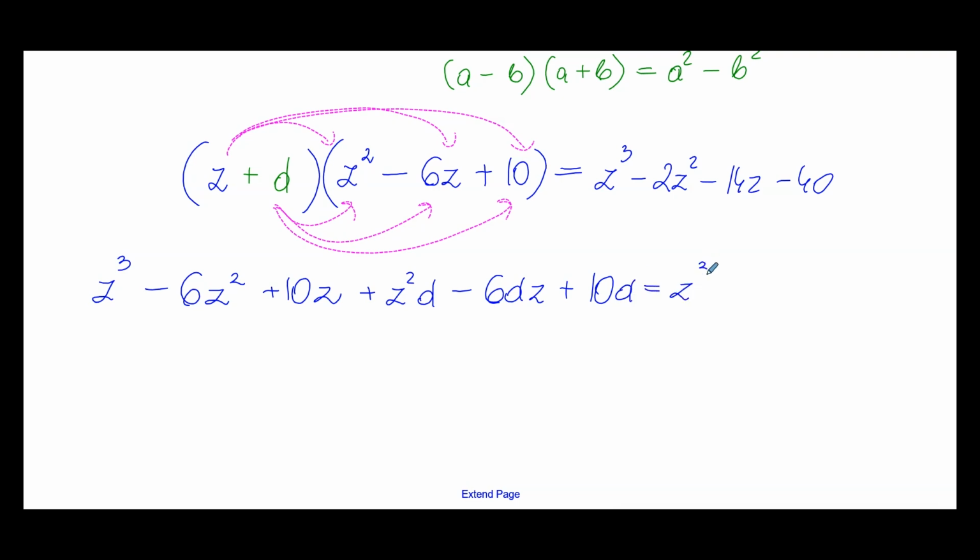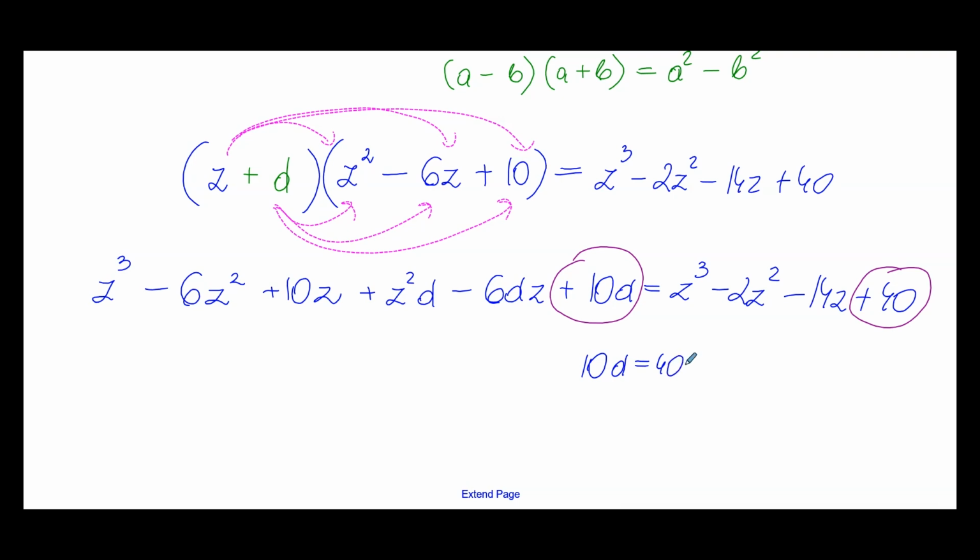And then my cubic equation on the other side. Since all I have to do is find d, all I need to do is take 10d equal to, actually not minus, it's plus. Plus and minus will find me out. So 10d is equal to 40 on the other side. If I want d, I divide both sides by 10, so my d is 4.